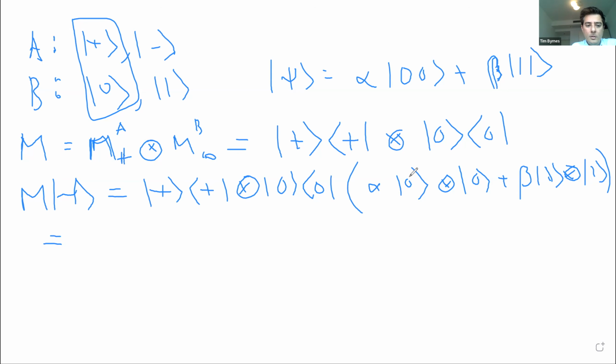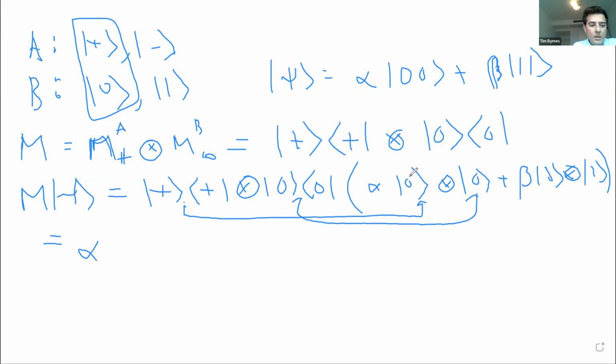And so this operator on Alice's side gets applied to the state on Alice, and this operator on Bob's side gets applied to Bob's state. And then similarly for the second term. So let's pull this constant coefficient out the front.